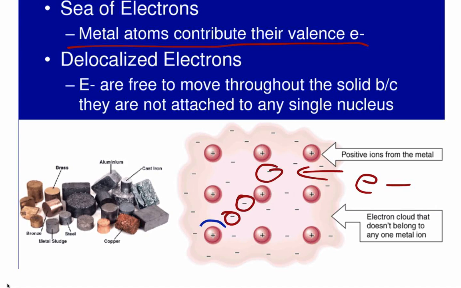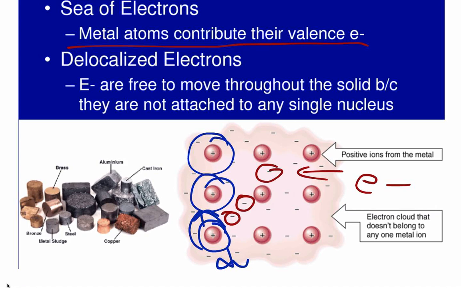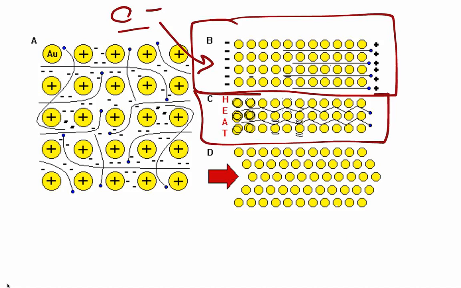To warm up this metal ion, we just have to get it to wiggle around a little bit more. And it can wiggle more than, say, an ionic substance because it's not locked in that one place. Now, metals do have a structure. They are solids. They do have kind of a lattice, but these metallic lattices are not as rigid as our ionic lattices due to how they bond, through the merging of their electron clouds.